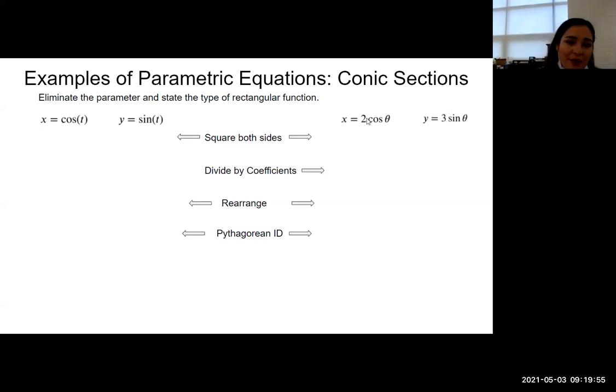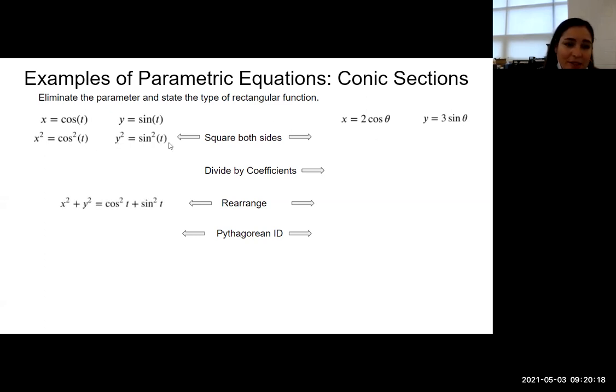I'm going to do the one on the left first. So the one on the left, you have x equals cosine t, y equals sine t. And we want to eliminate the t's, we want to eliminate the parameters and just have everything in terms of x and y. So the first step is to square both sides, and you'll see why in a moment. Okay, so we have square both sides. And then we're going to rearrange the equation, right?